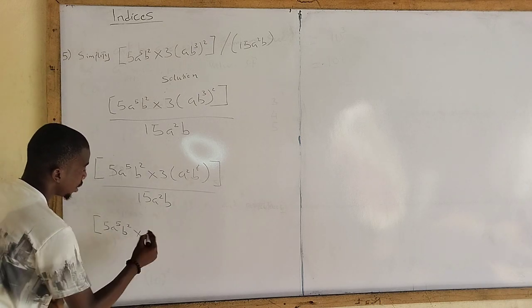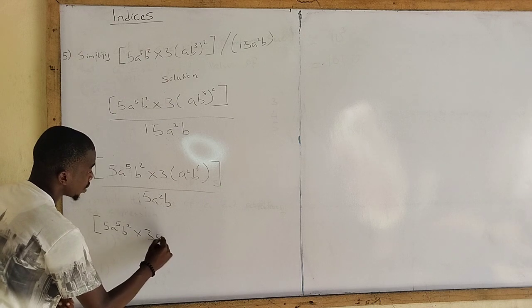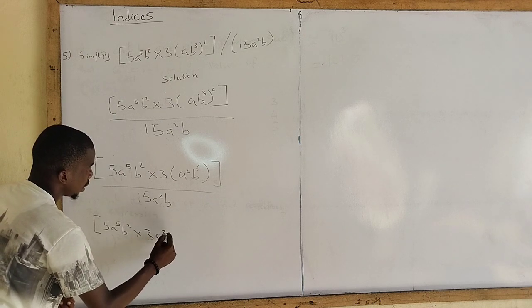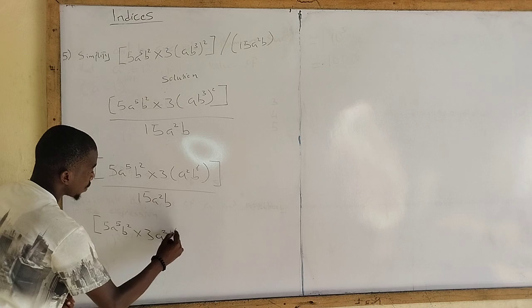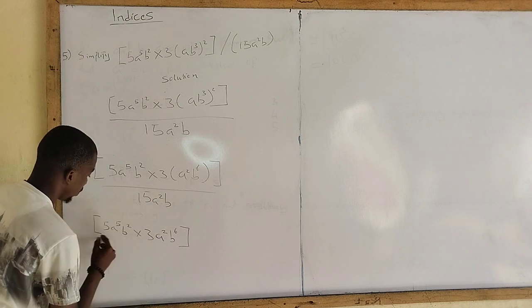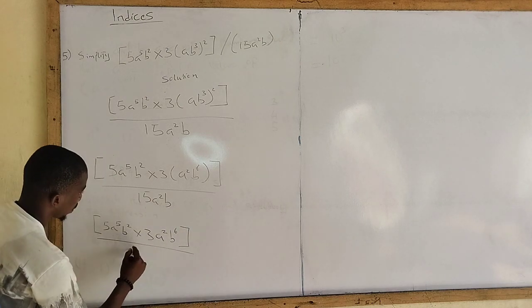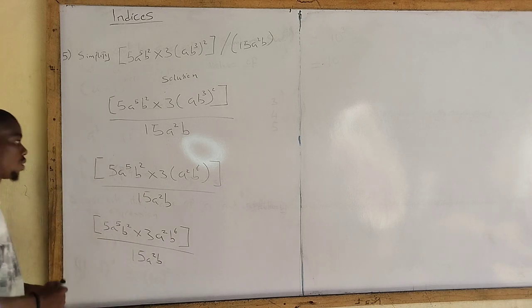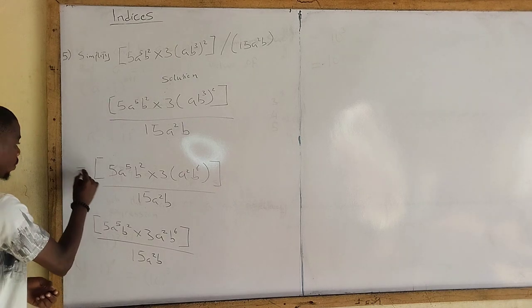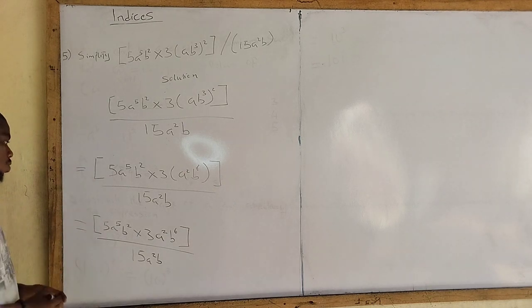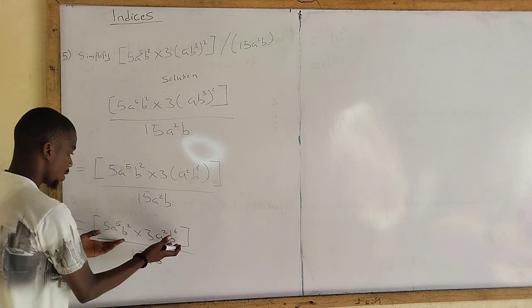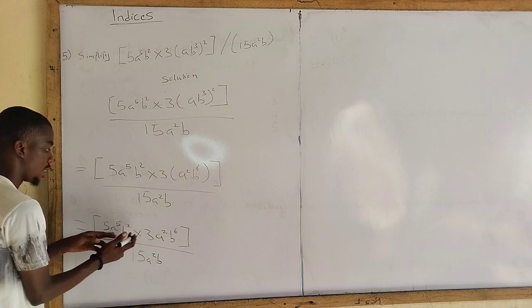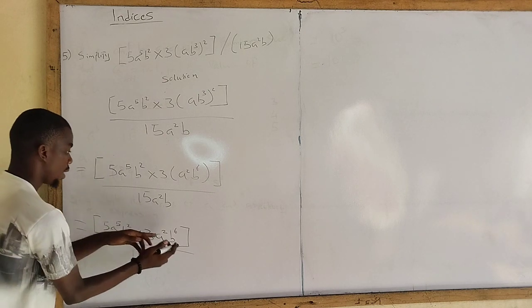So this is simply equal to 3 times 3a raised to the power of 2 b raised to the power of 6 all over 15 a squared b. Looking at this, you can see that the bases are a and b. We have a, b here, a, b here.